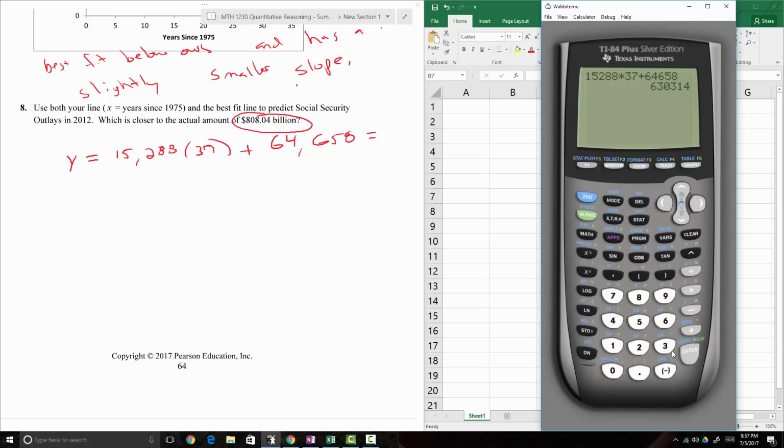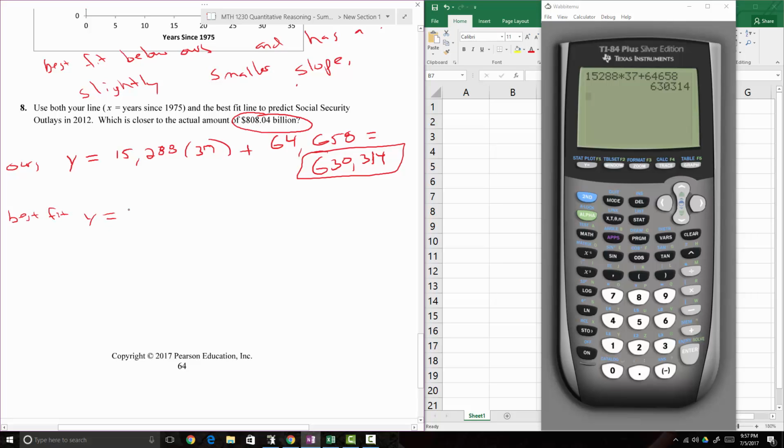I get 630,314. So this is the amount that I get with this line. Then we can look at the best fit line and see what that gives me.